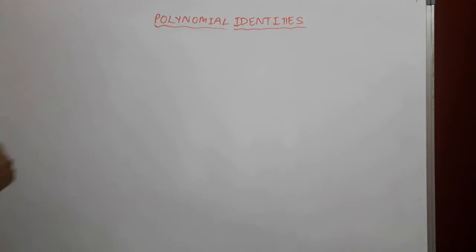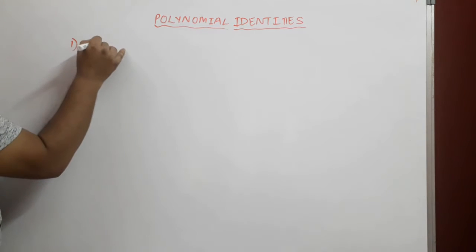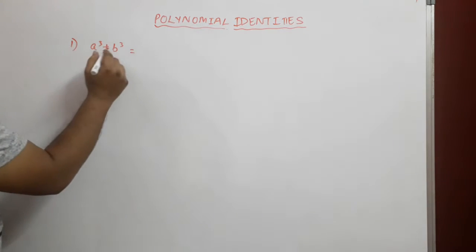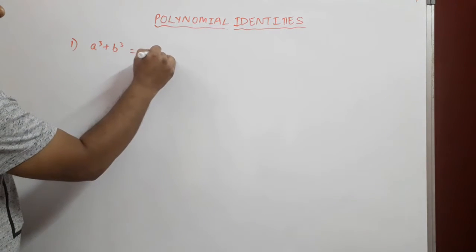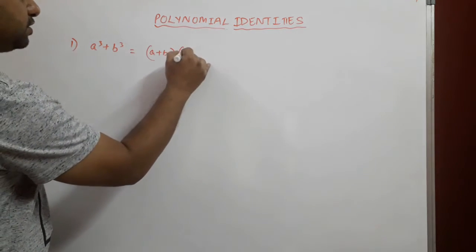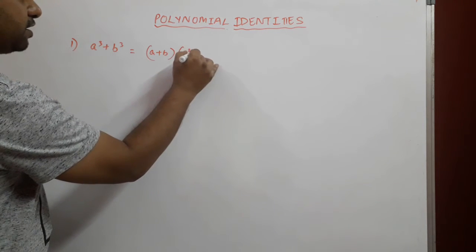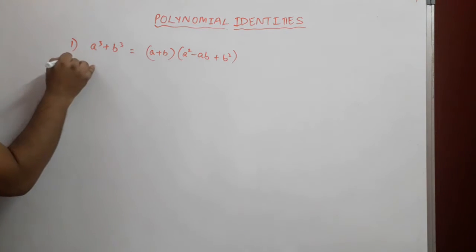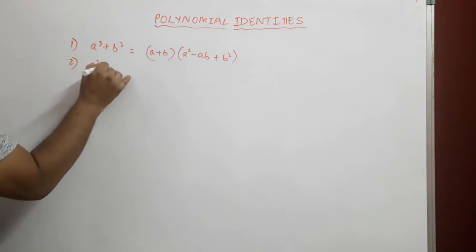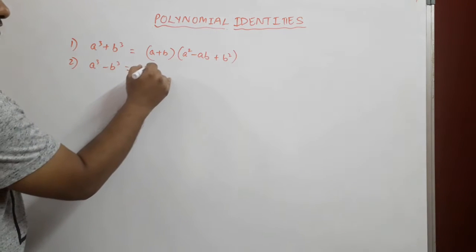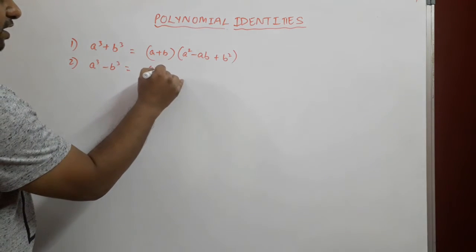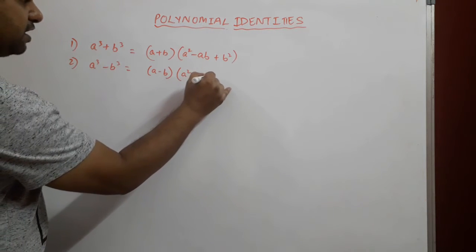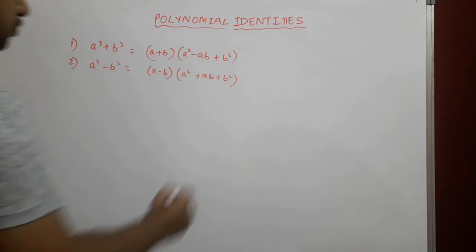So the first one is a cube plus b cube. We have learnt about a plus b the whole cube. This is a cube plus b cube, which is given as a plus b into a square minus ab plus b square. The second one is a cube minus b cube, which is given as a minus b into a square plus ab plus b square.